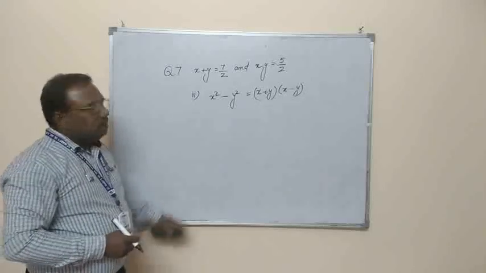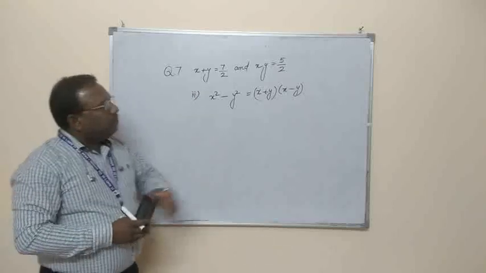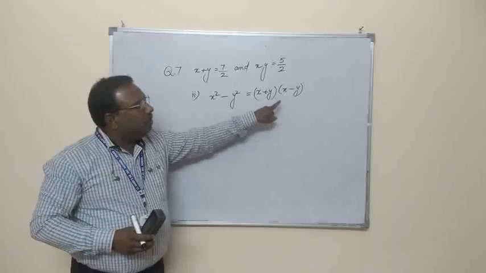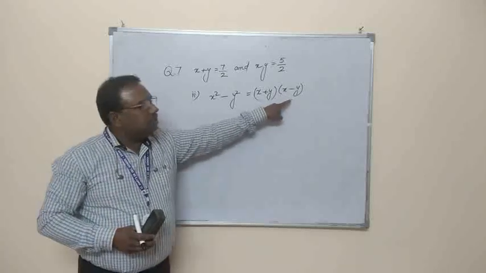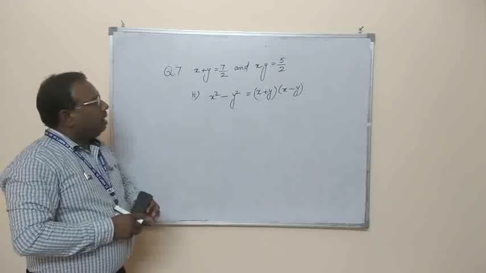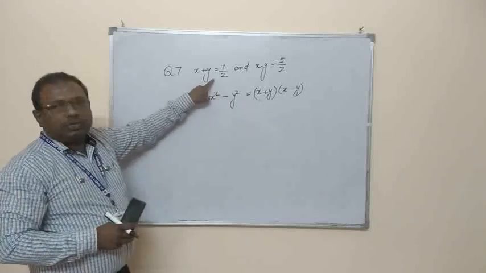In sub-question number 1, the value of x minus y we calculated. The value of x minus y is plus or minus 3 by 2. And the value of x plus y is given in the question.